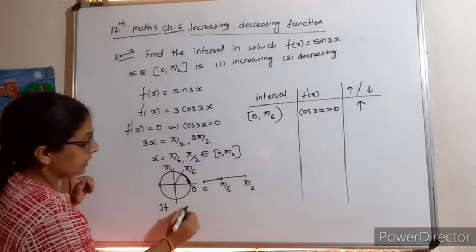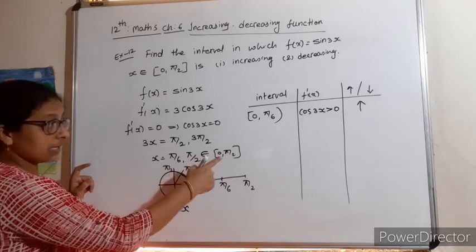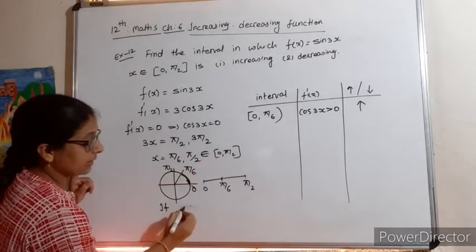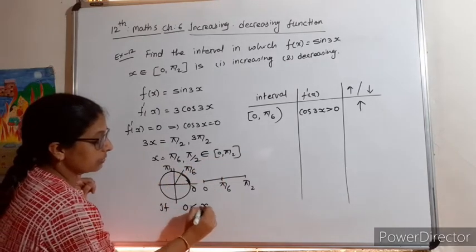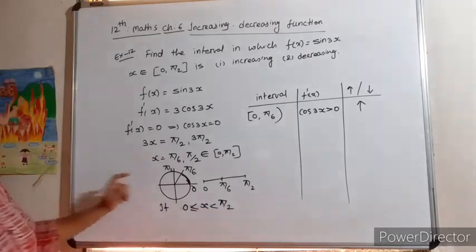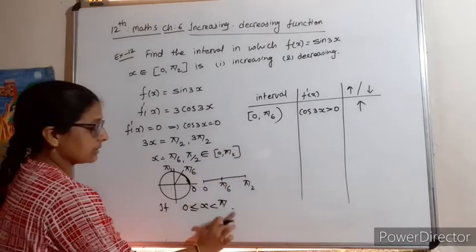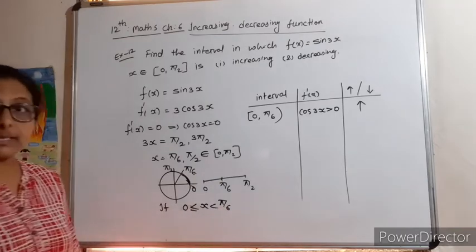Yes. If x is equal to, here we'll write x belongs to 0 to pi by 2. So, we'll write like this: 0 less than or equal to x less than pi by 2. Then what can you say here? Yes. In x belongs to 0 to pi by 6, then what you can say here?